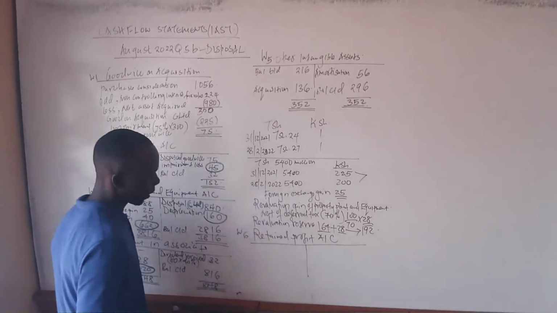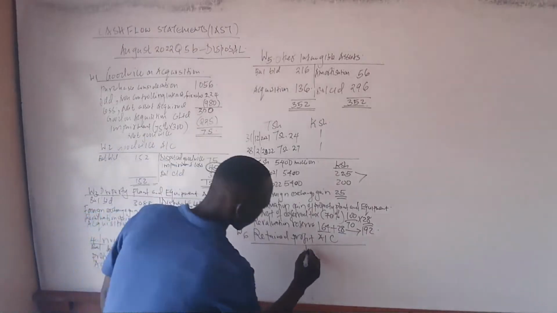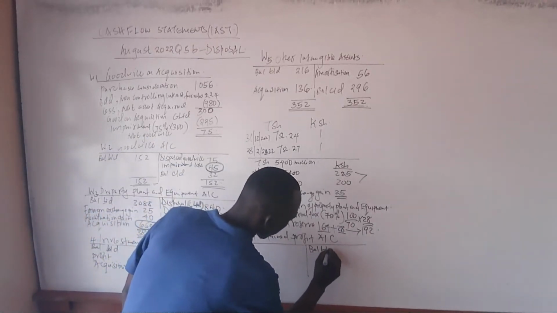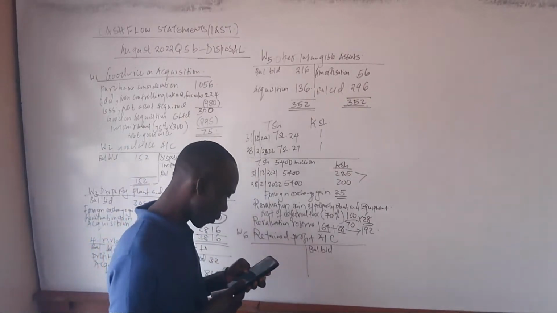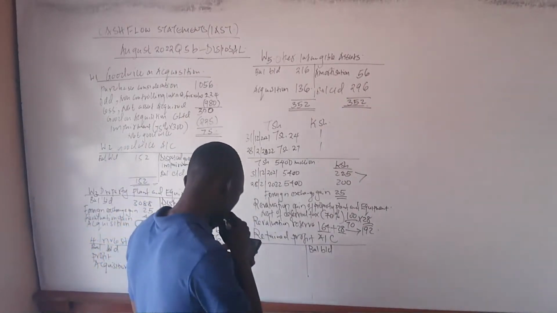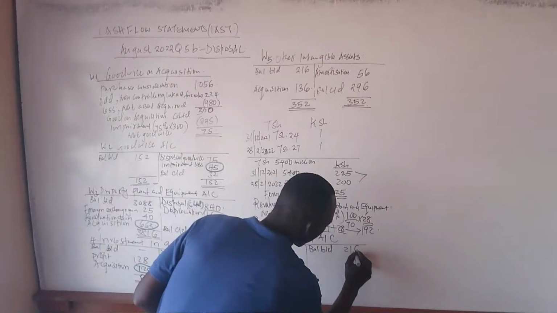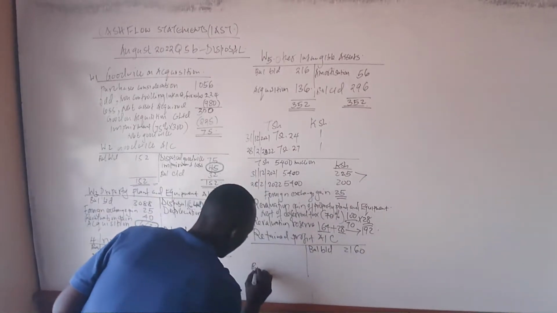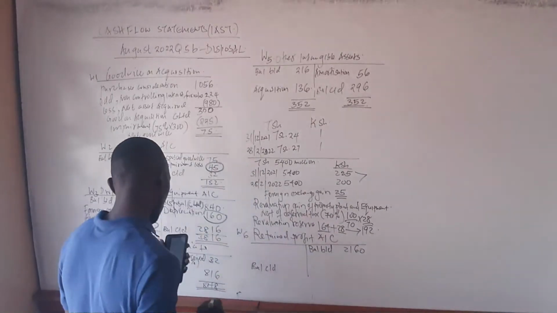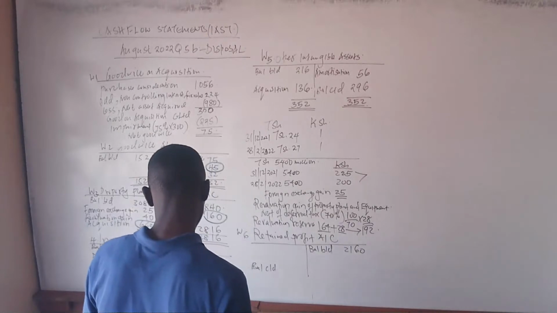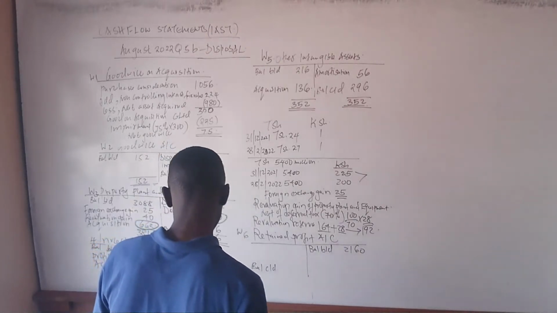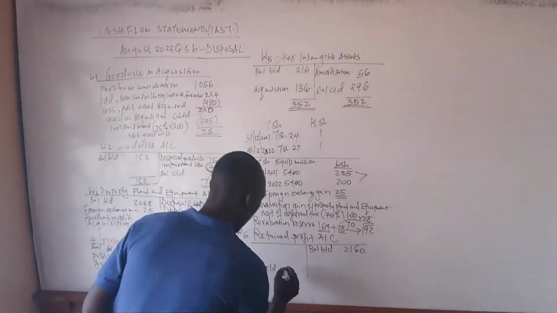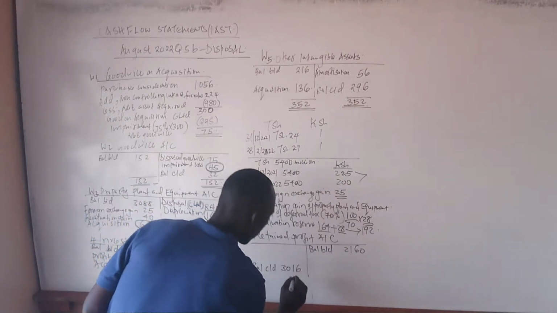The balance brought down was 2160. Then we had the balance carried down, which was 3016.